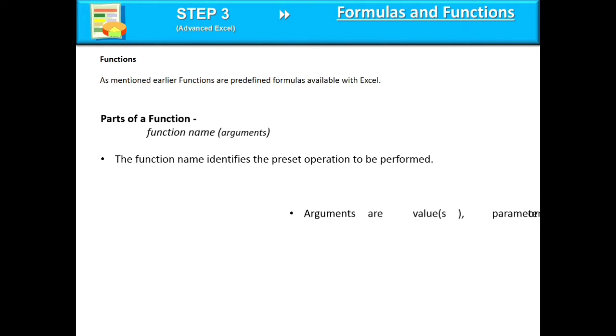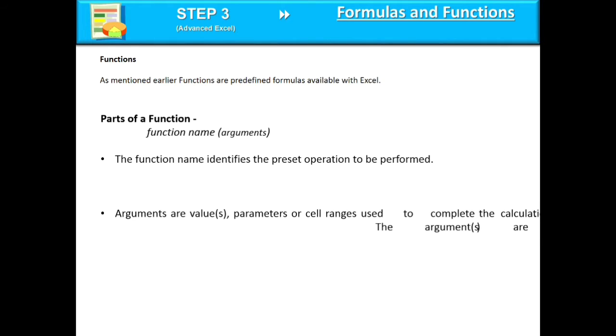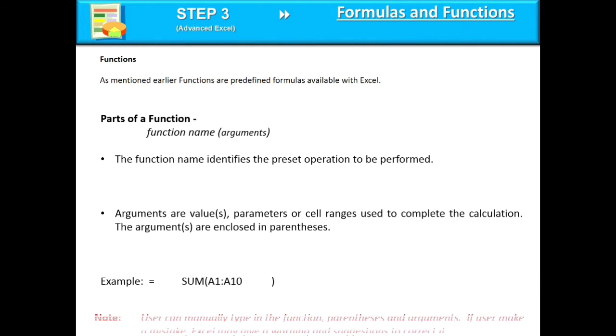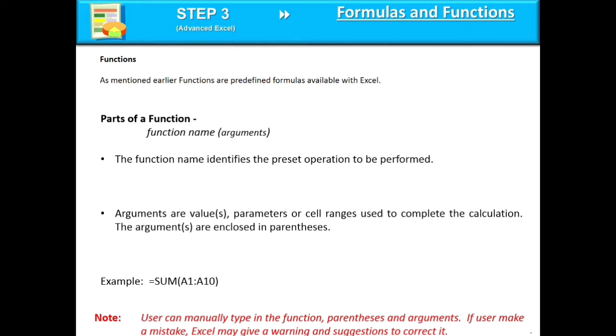Arguments are values, parameters or cell ranges used to complete the calculation. The arguments are enclosed in parentheses. An example of this is equal to SUM and the bracket range A1 to A10. Please note, the user can manually type in the function, parentheses and arguments. If the user makes a mistake, Excel may give a warning and suggestions to correct it.